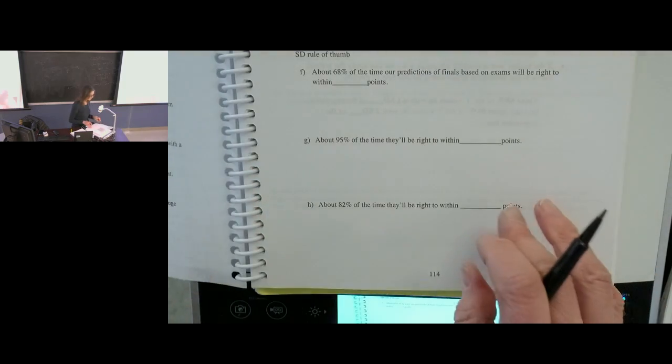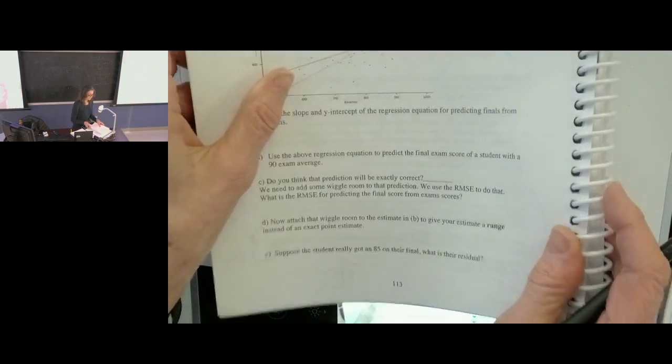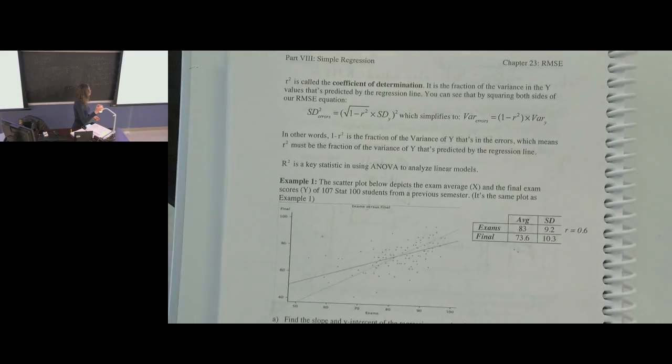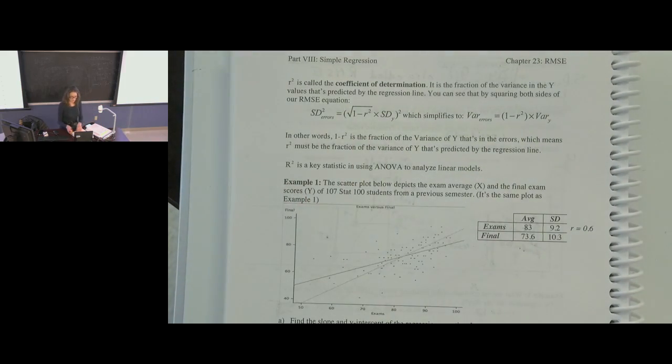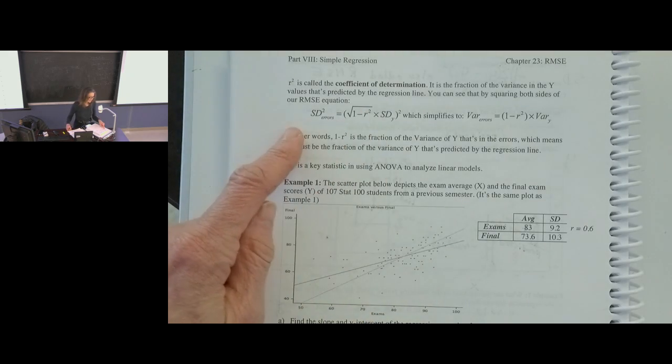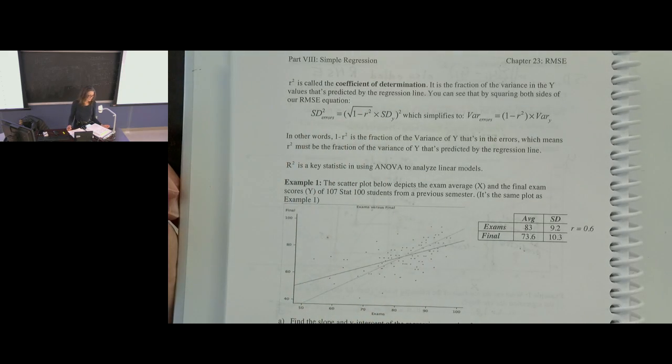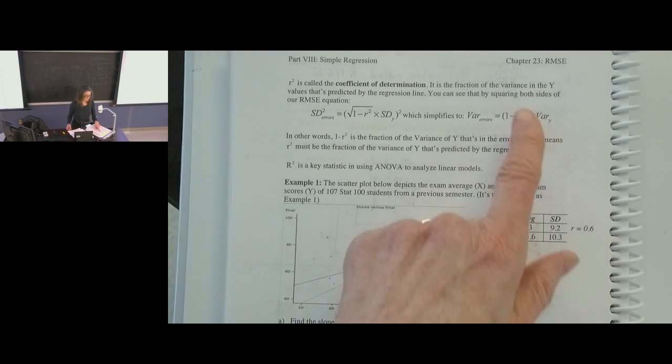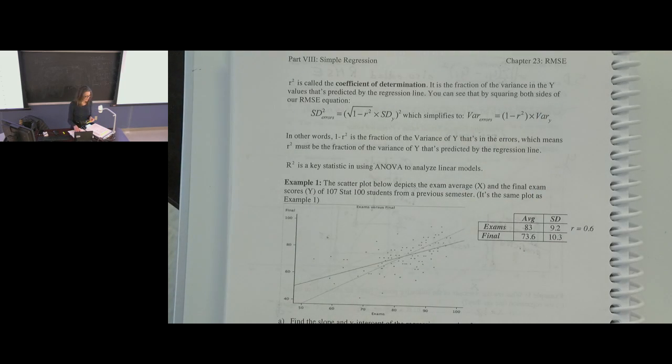Okay, so the r squared that's featured in here, 1 minus r squared, is known as the coefficient of determination. It is the fraction of the variance of y that's predicted.